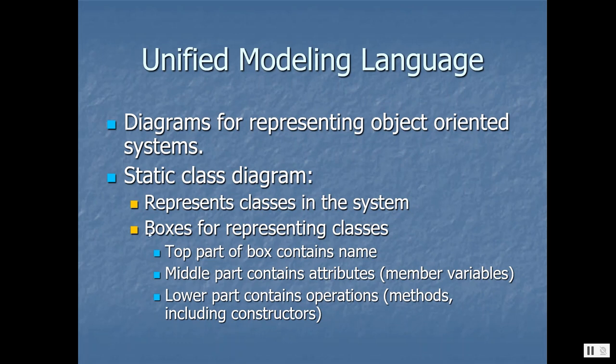Kind of similar to an entity diagram, in the sense that you've got boxes representing the entities or boxes representing the classes. But this is divided into 3 parts. It has the name, it has whatever the attributes are, and then it also has the behaviors, the operations, methods, and that includes the constructors.